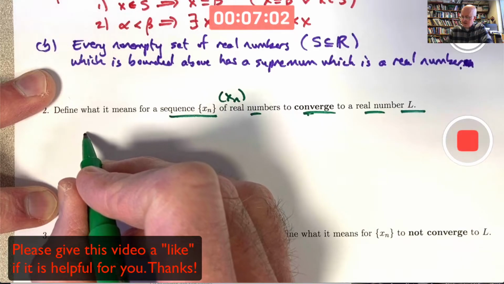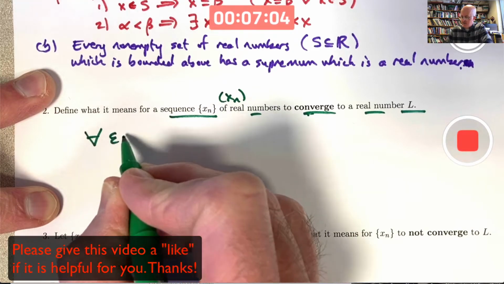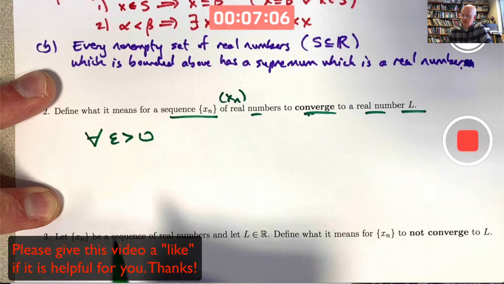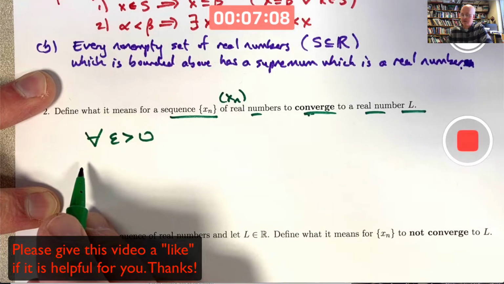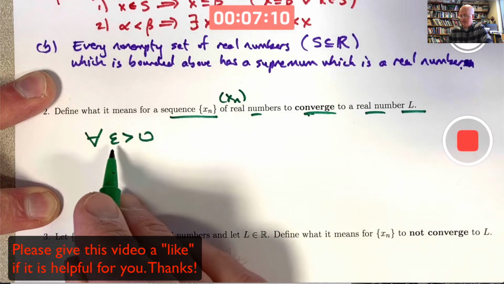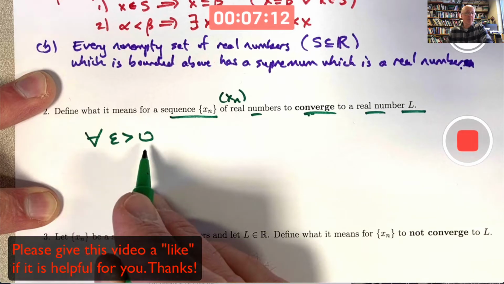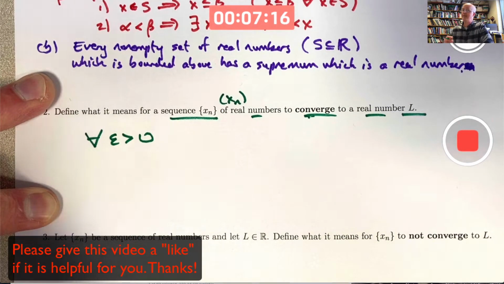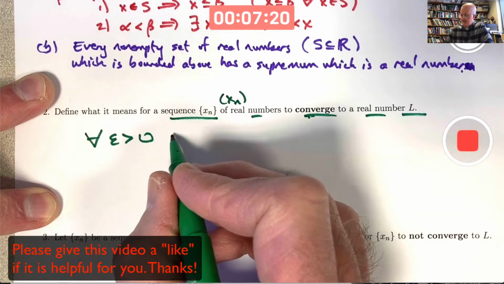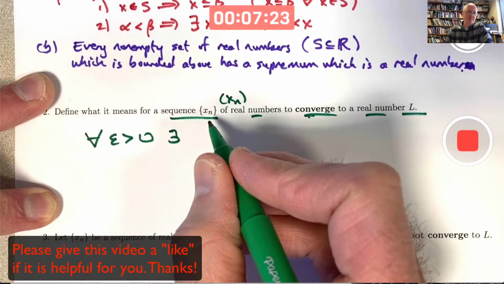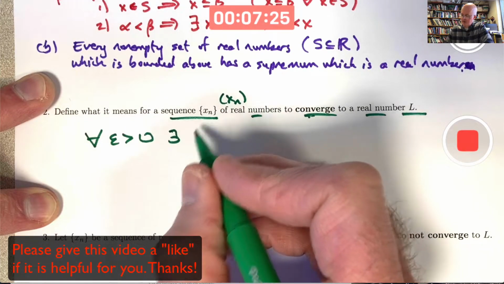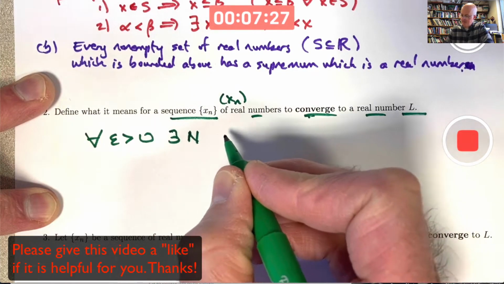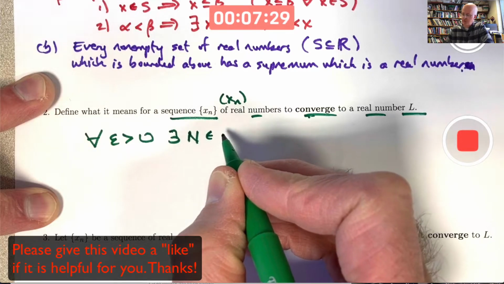This means for all epsilon greater than 0, where the upside down A means for all, the universal quantifier. For any positive real number epsilon, intuitively you imagine it to be small, but it doesn't have to be small. There exists some possibly large number, call it capital N, which is going to be a natural number.